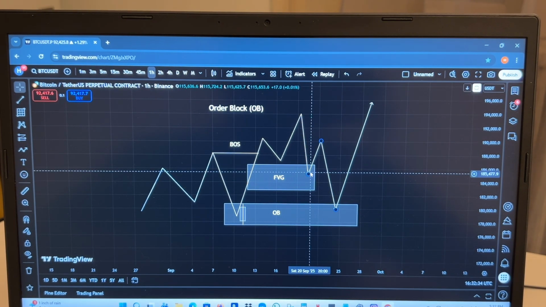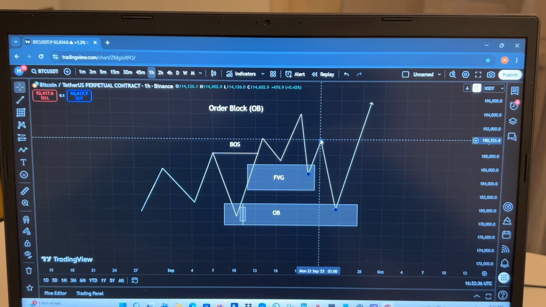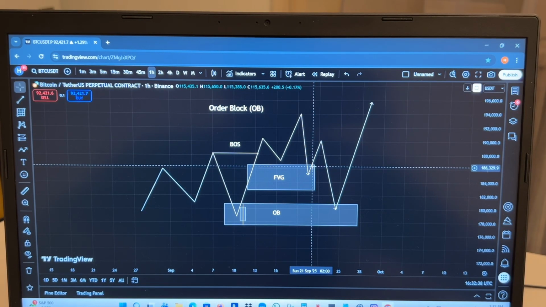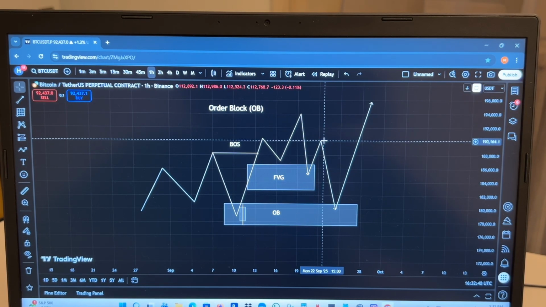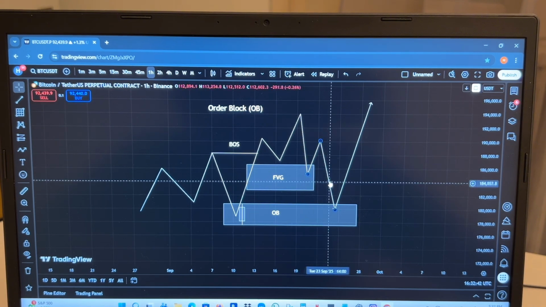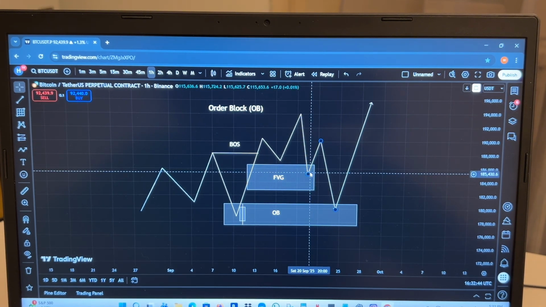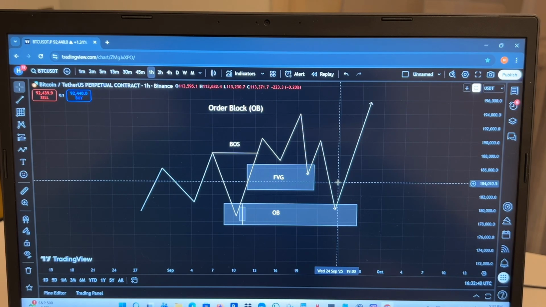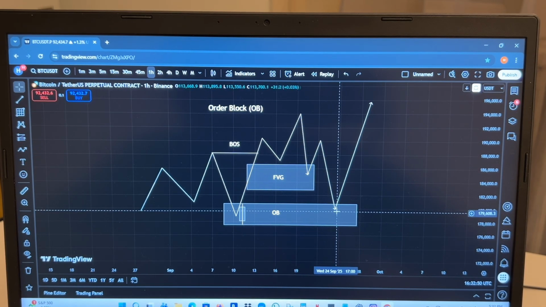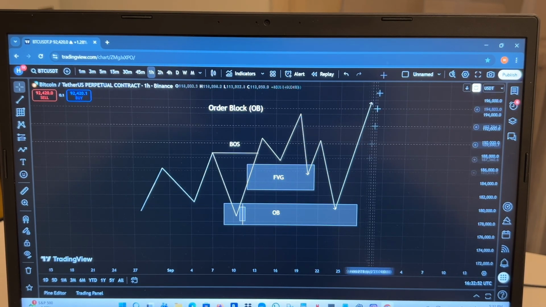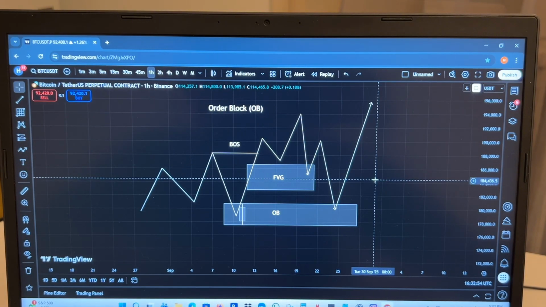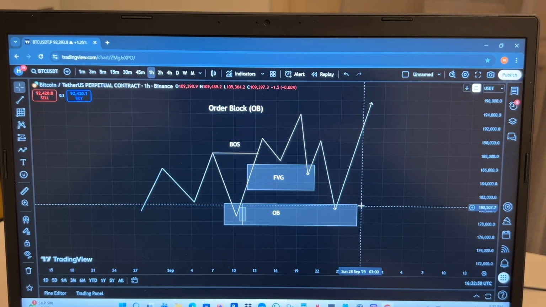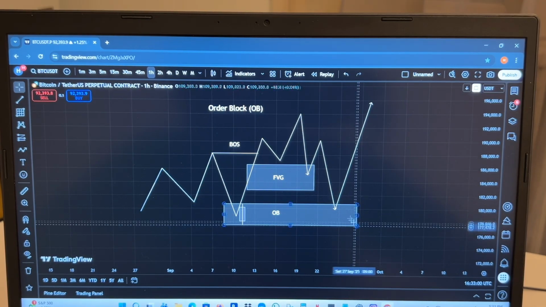From this FVG, it has pumped a little bit up, giving some traders a bit of hope, thinking that it's going to go up. So some traders are going to take long trades. Hunting the SLs, the market is going to go below to this OB, and then it's going to go up.